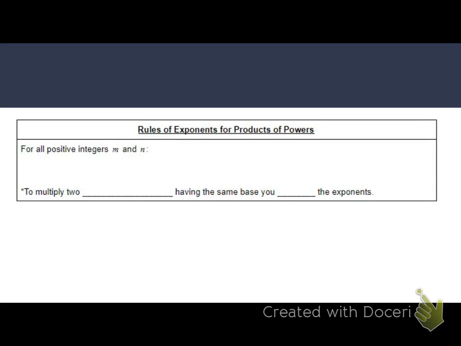All right, in our notes for today, there's really just one rule that we're focusing on. To multiply 2 powers having the same base, you add the exponents. Okay, you're multiplying powers, but you end up adding the exponents.